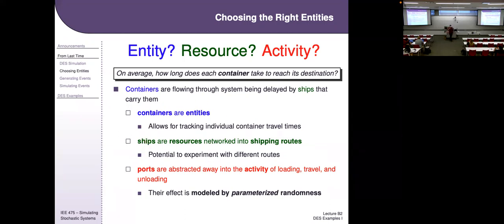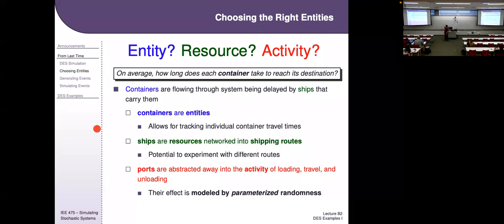Now, I can make a more refined model where ports are resources, but if I'm considering the entire shipping, where it might take days to get across the ocean, or longer, maybe even 2 weeks, then the little bit of time it takes to get loaded onto a ship is probably not going to change my results that much. So in that case, I can take the time it takes to actually use the port and bundle it into the activity of making use of the ship. That would make my model simpler.